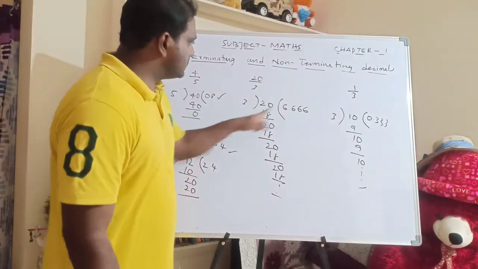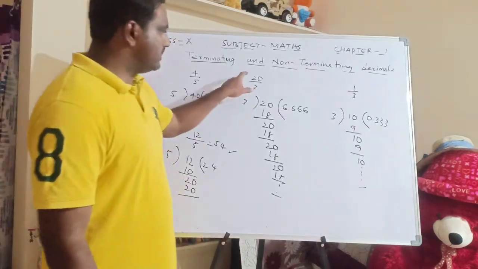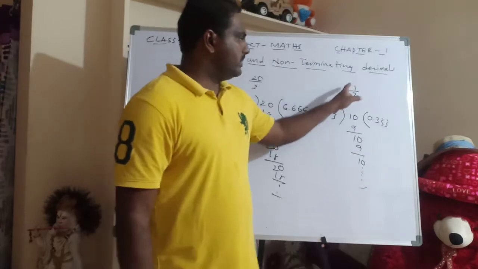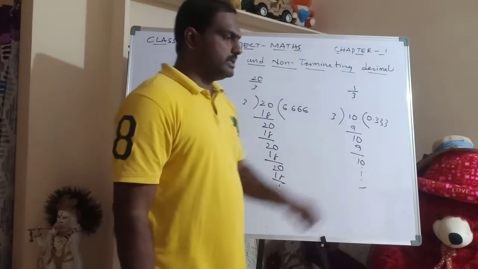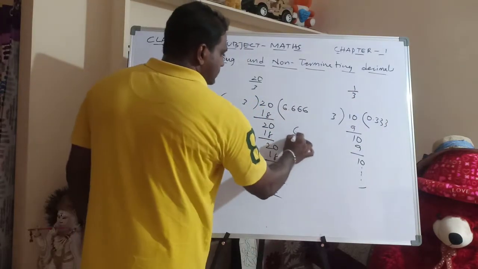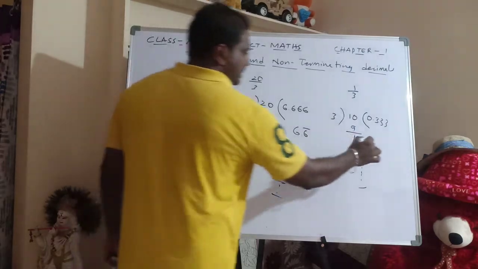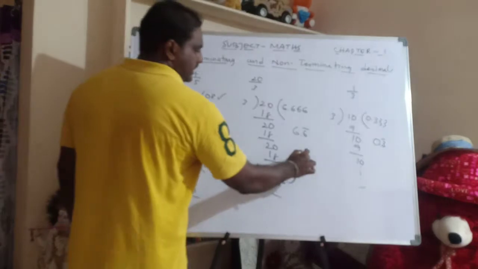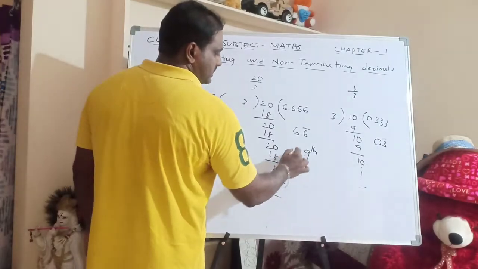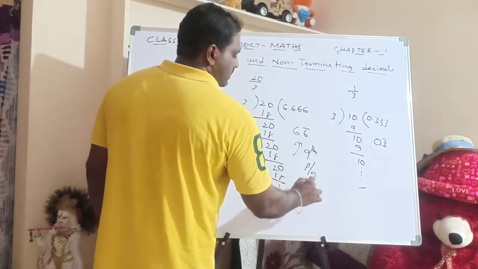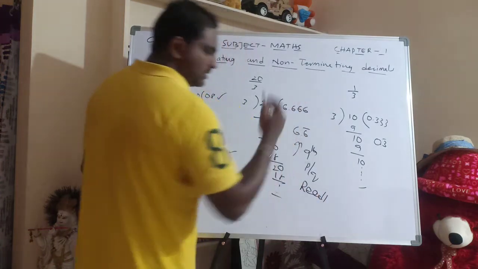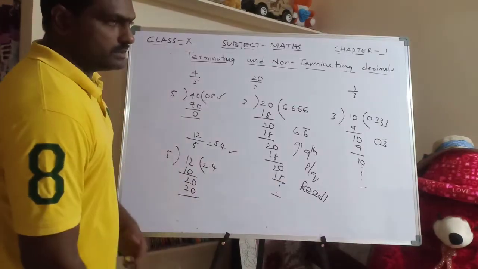All are rational numbers only. Look at 20 by 3, 6.6666 and so on, and 1 by 3, 0.333 and so on. These can be written as 6.6 bar and 0.3 bar. You learned in 9th class how to write these in the form of p by q. Just recall that concept from your 9th class textbook.